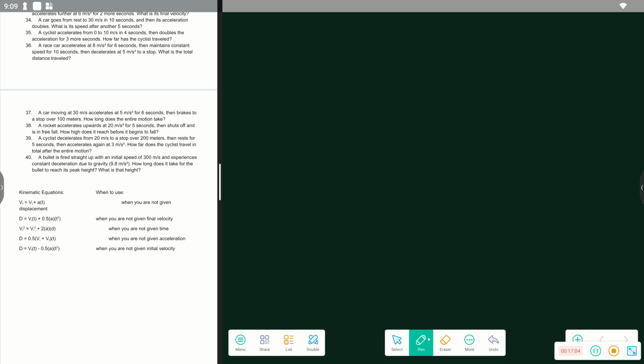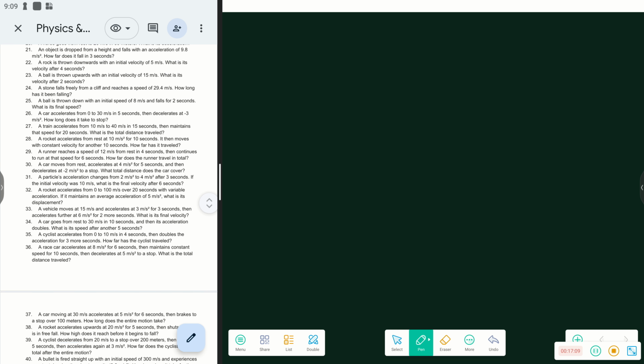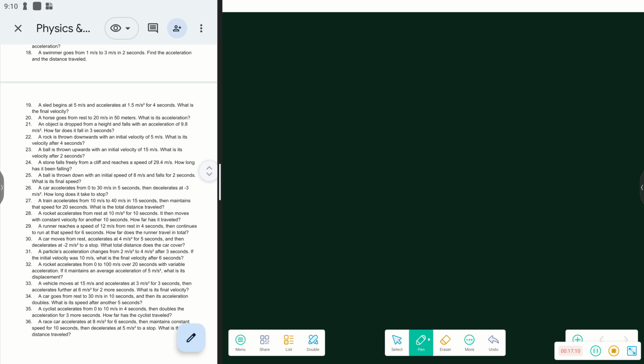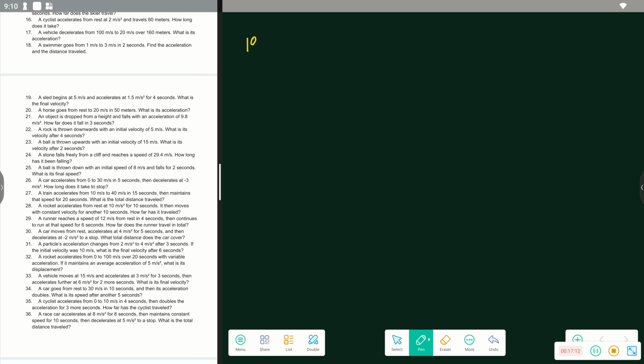18. Let's do 18. 18 is a swimmer. A swimmer goes from 1 meter per second to 3 meters per second in 2 seconds. Find the acceleration and the distance traveled.